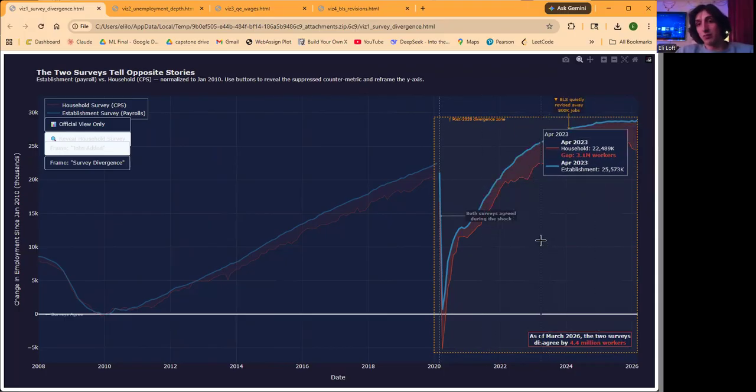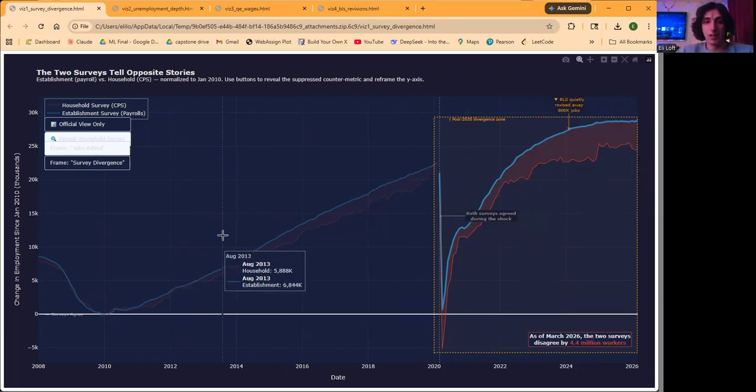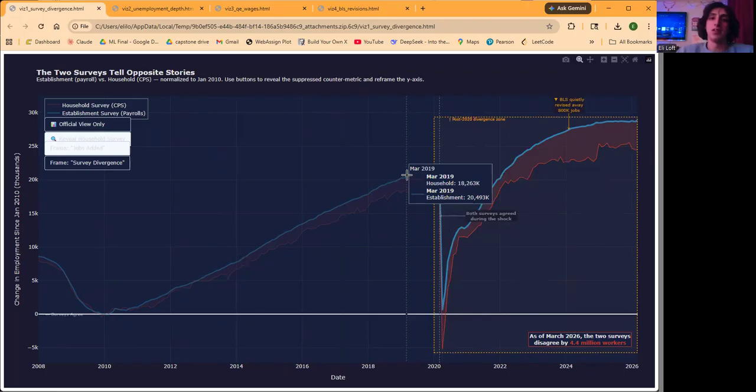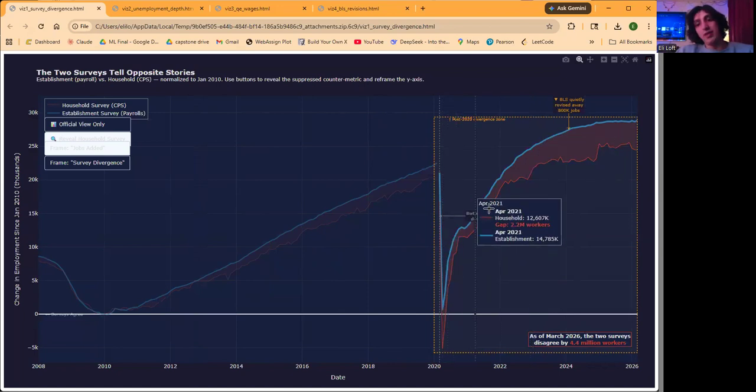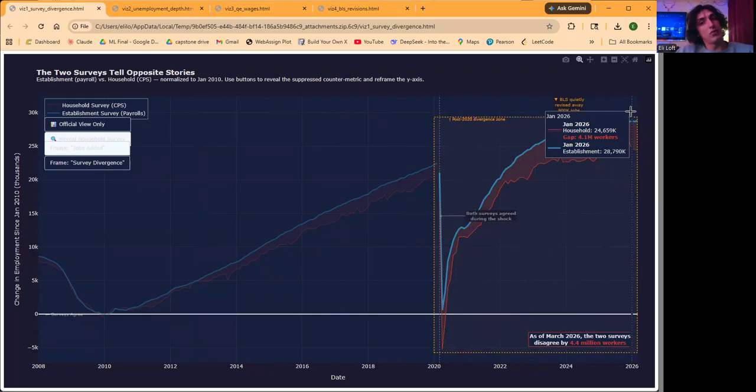And this actually is just getting back to the establishment survey levels from before the pandemic. And even then, it's not growing at nearly the same rate that it was growing before in the job market, right? This line is still pretty straight. It doesn't have a lot of ups and downs comparatively to the bottom line, which is going to have a much greater gap, showing that these two things aren't as correlated as they used to be.